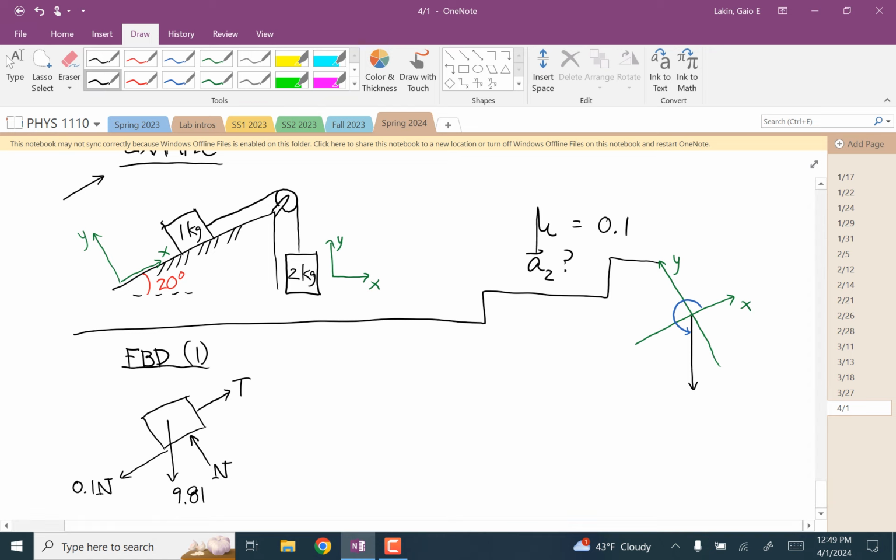Yeah, because that blue arc doesn't get all the way to the 270 line, so it has to be 270 minus. So this angle is 270 minus 20.